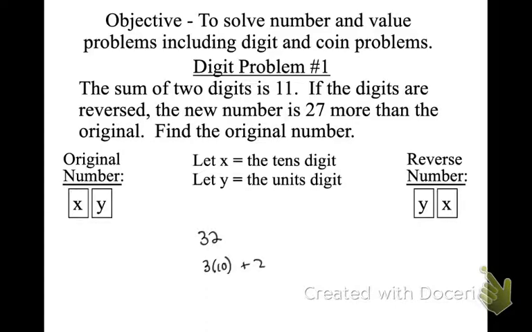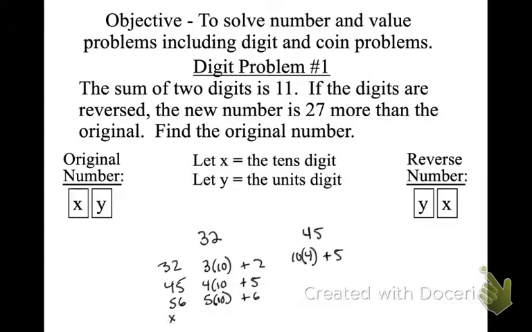Or 45 would be 4 times 10 plus 5. That's 45, that's 32. And if I did 56, I'd be doing 5 times 10 plus 6.